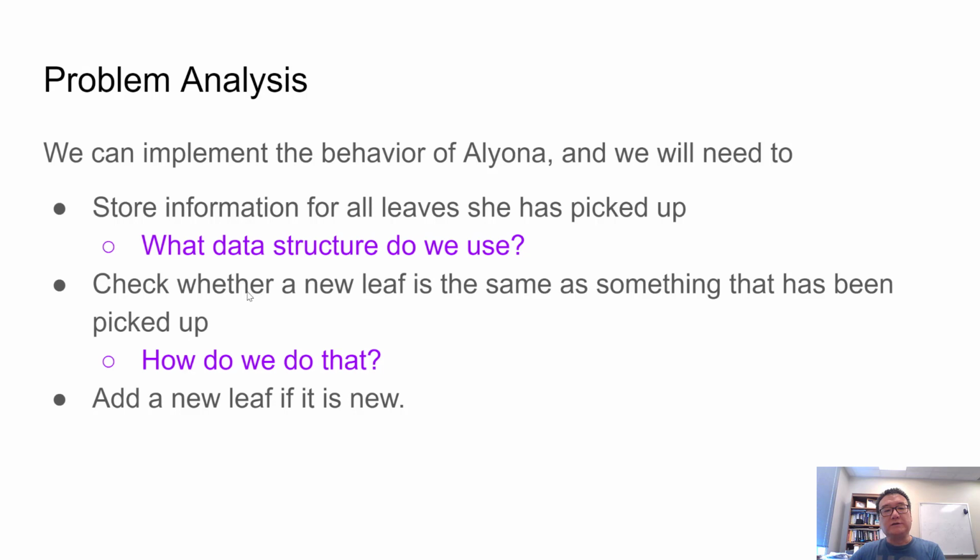The second is we need to be able to check whether a new leaf is the same as something that's already been picked up. Basically, we want to find whether a new leaf appears in this data structure that we use to store the leaves that she picked up. And finally, we need to add a new leaf if this is a new kind. So we basically need to do these 3 things.